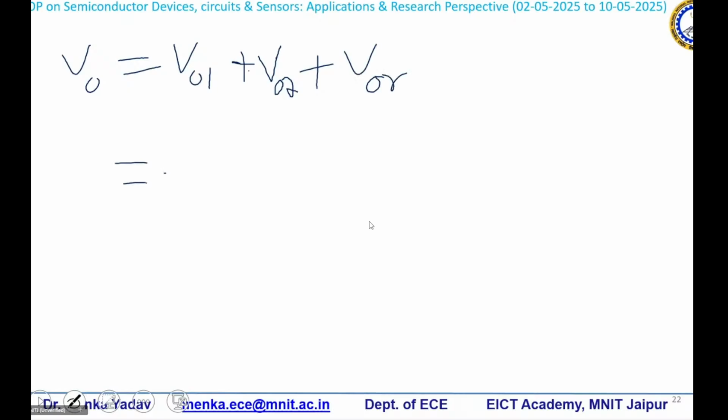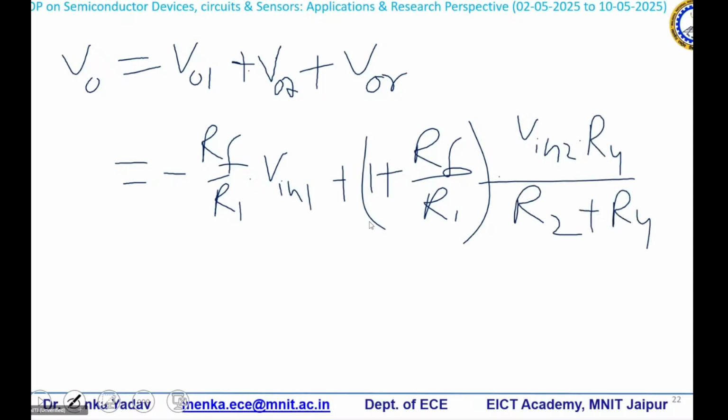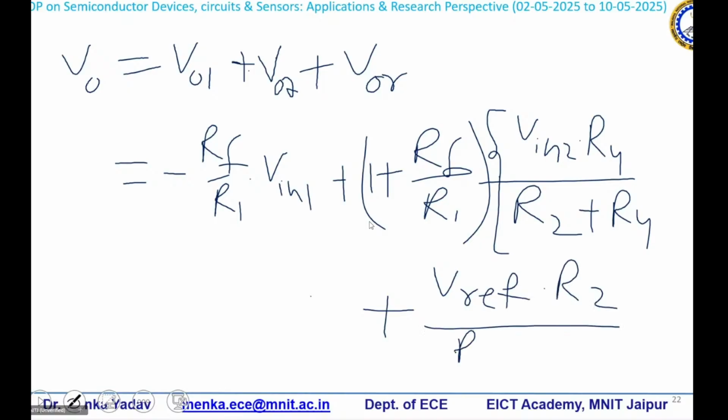And we are getting this: minus RF upon R1 into Vin1 plus 1 plus RF upon R1 into VI2 into R4 upon R2 plus R4, and this because 1 plus RF upon R1 was common to the reference supply and the input 2. So let us add the other thing over here also. So this becomes V reference into R2 upon R2 plus R4.